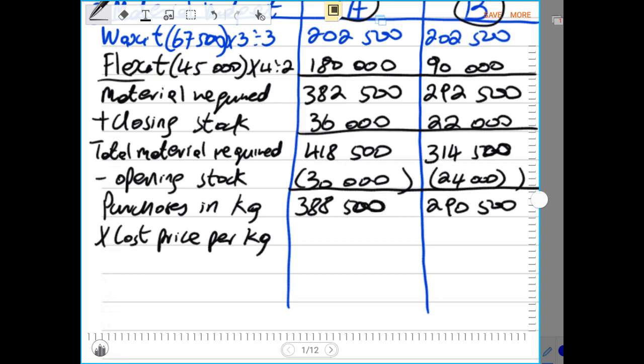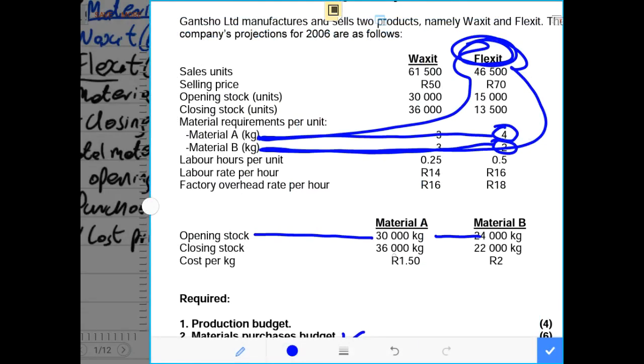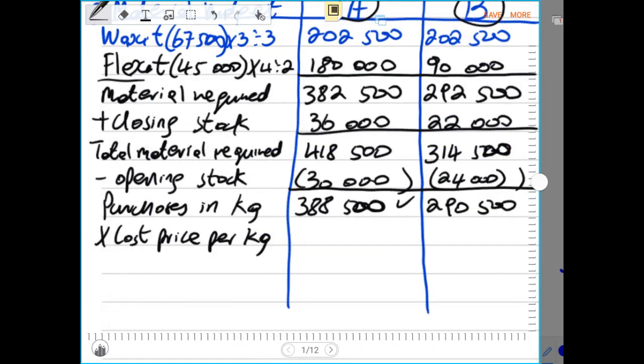If we need to buy 388,500 kgs of material A, how much are we going to pay for each kg? We pay R1.50 per kg. The minute we multiply by the cost price per kg, this gives us the purchases in rands.